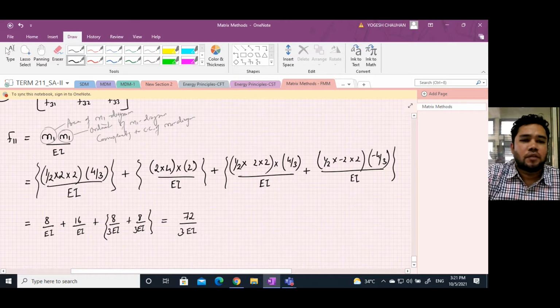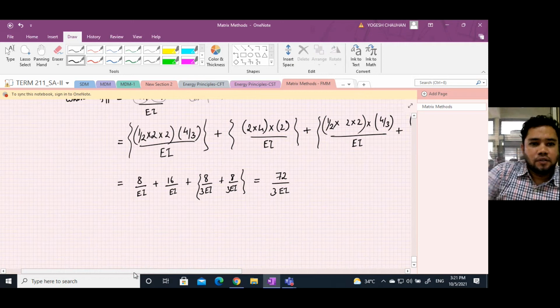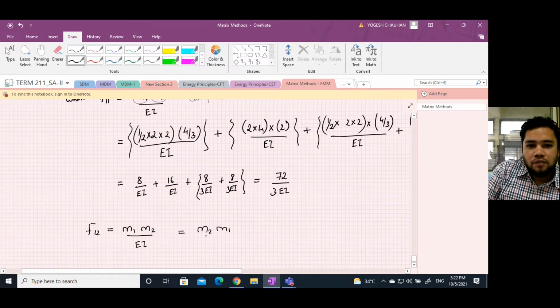Okay. Now we find the second component of the flexibility matrix, that is F12. Now this will be the same as F21. F12 and F21 will be the same. Okay. So F12 will be equal to M1 times M2 by EI, and this will be the same as M2 M1 by EI, same as F21.